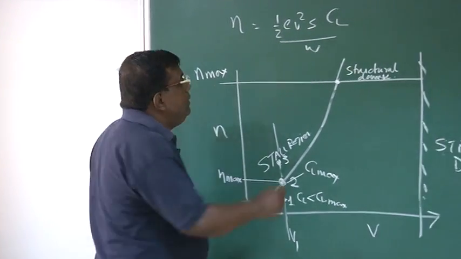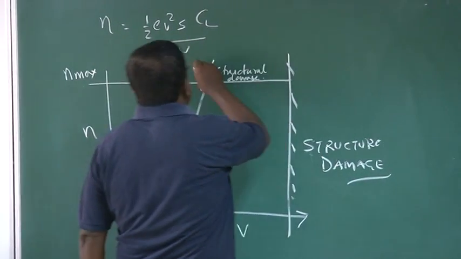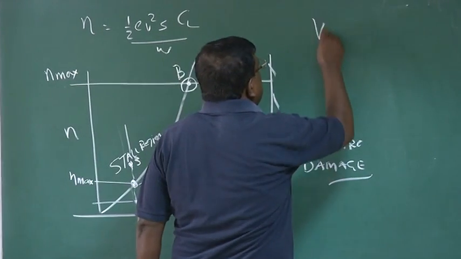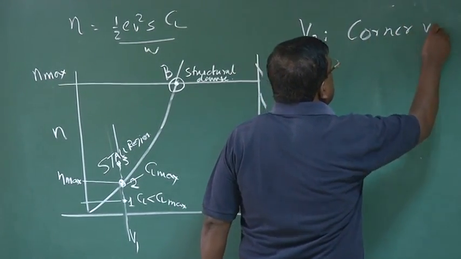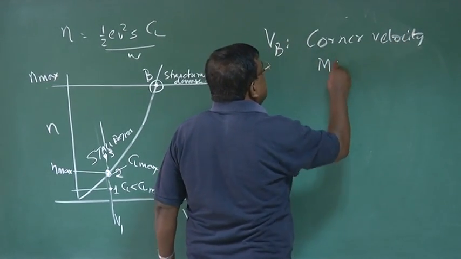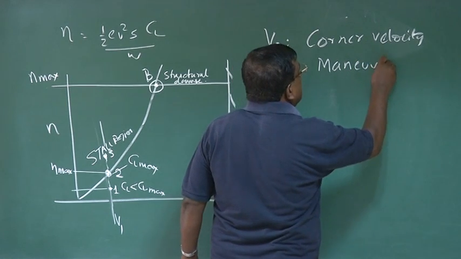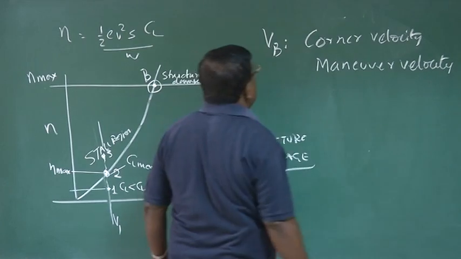So now, this is very important. This I call point B. VB is called corner velocity or maneuver velocity. Right?